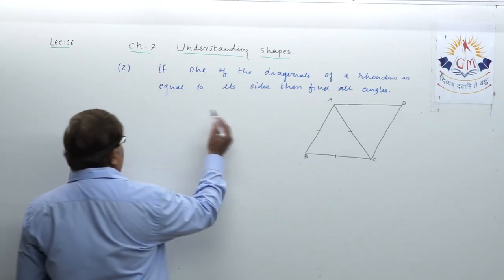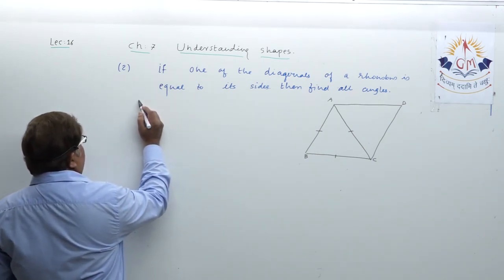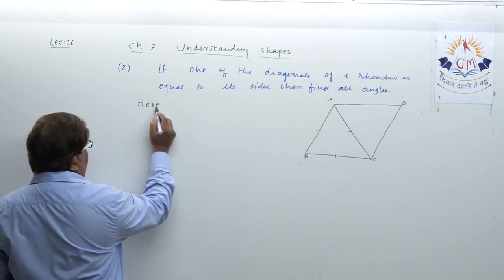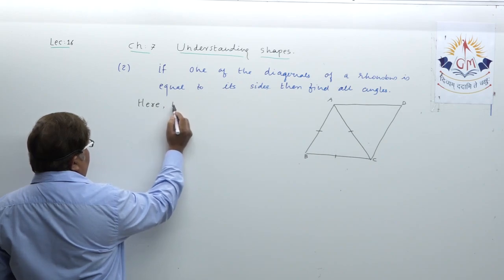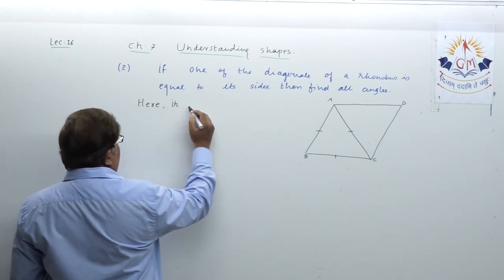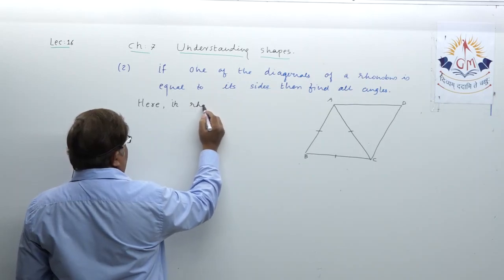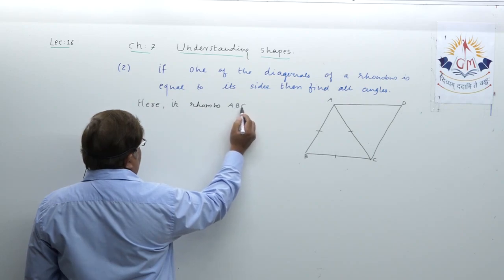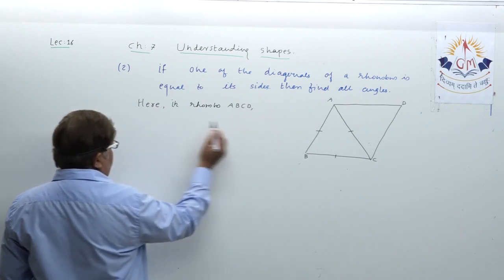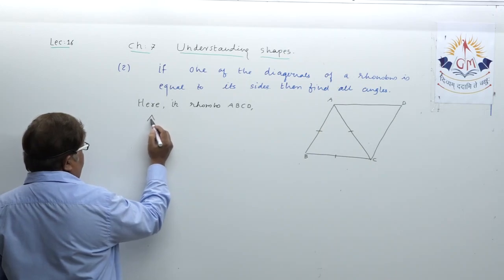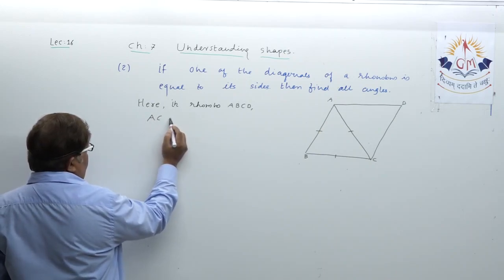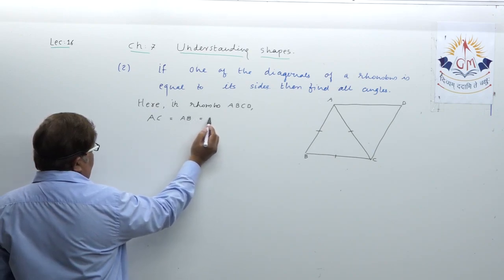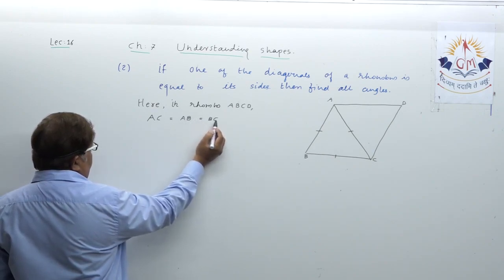See what I am writing now. We are starting the sum here. In rhombus ABCD, you have to mention the fact AC equal to AB equal to BC. Any guess?